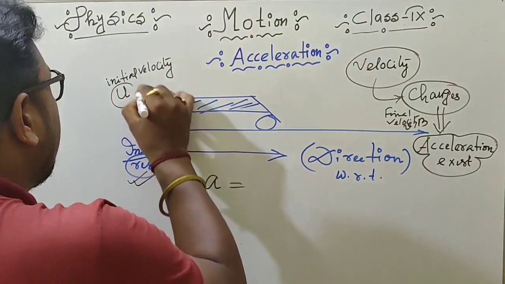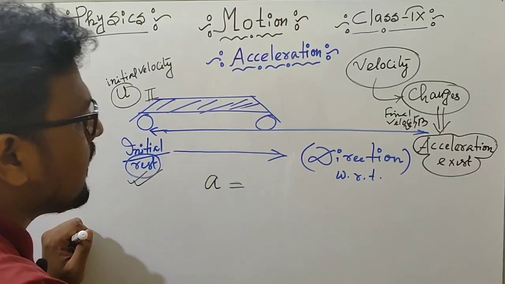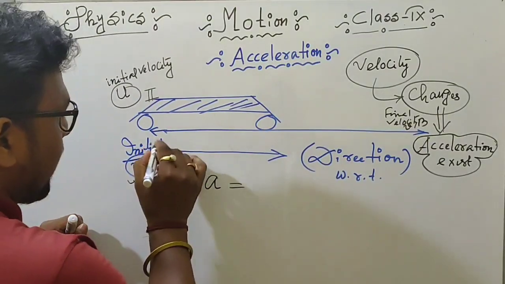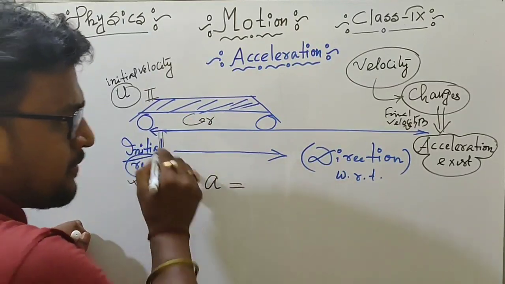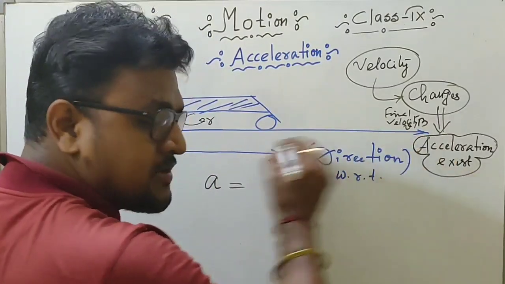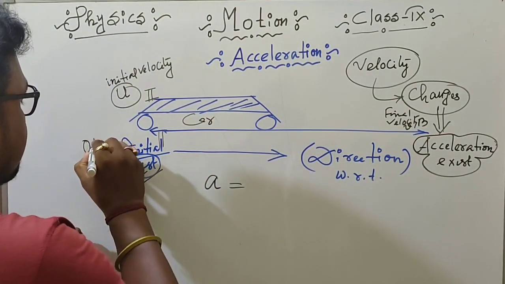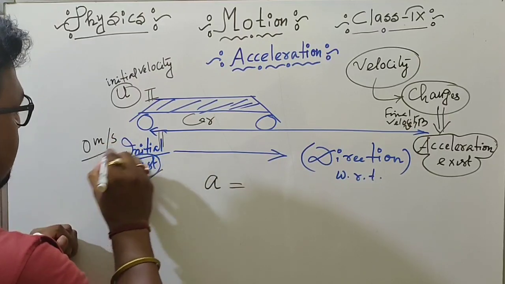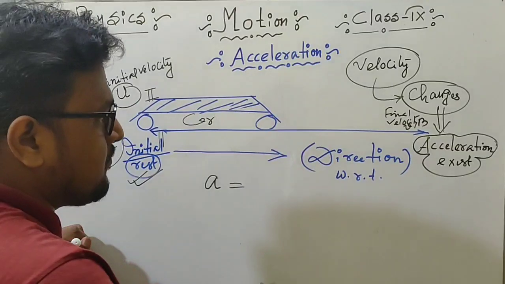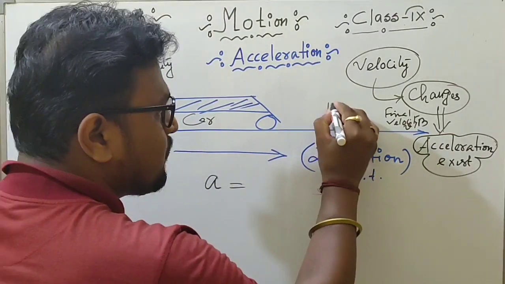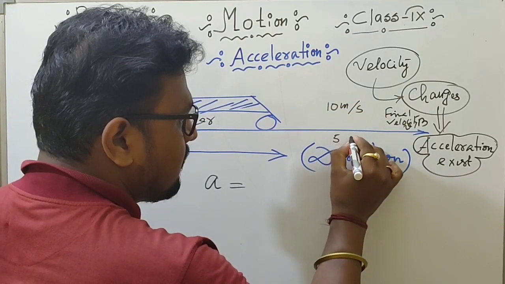So what is the concept of acceleration? Let us take an example of a car traveling a certain distance in a proper direction. Initially it starts at 0 meter per second, and after a few moments it reaches 10 meter per second, for example in 5 seconds.